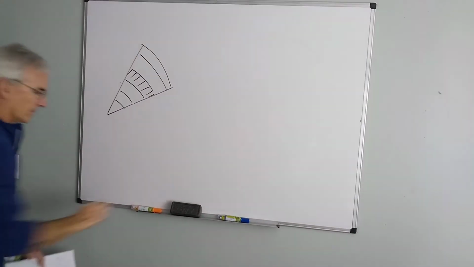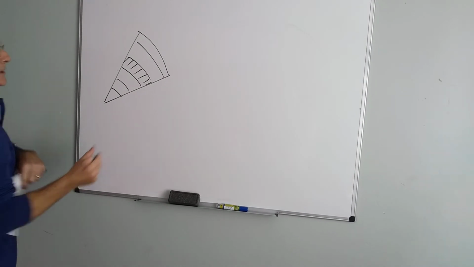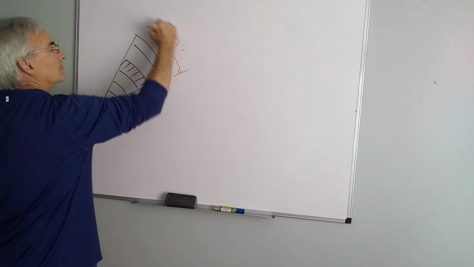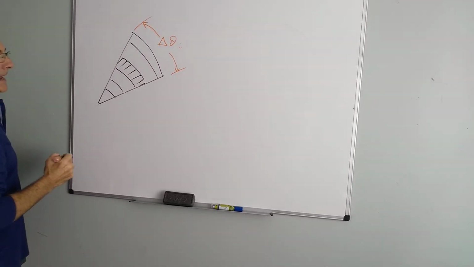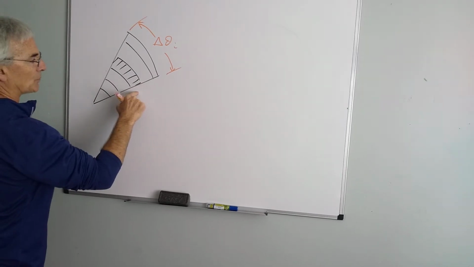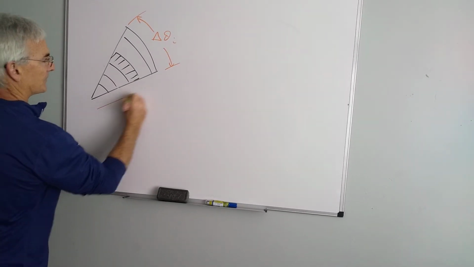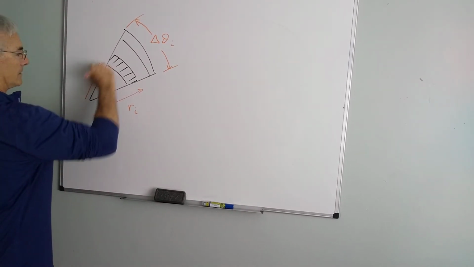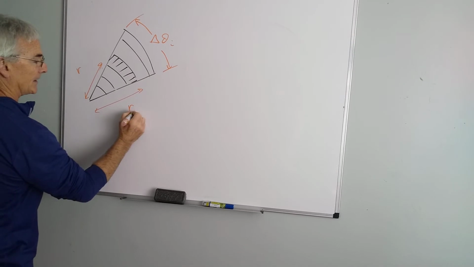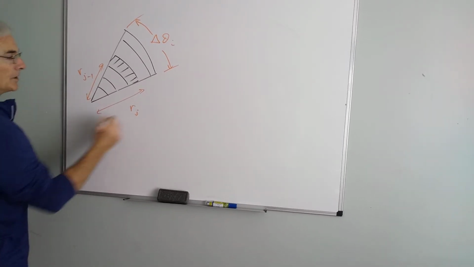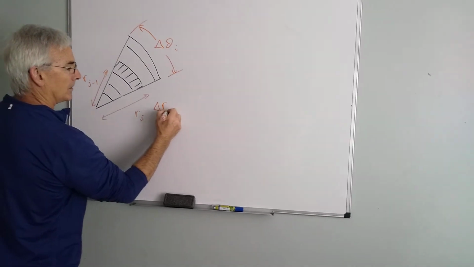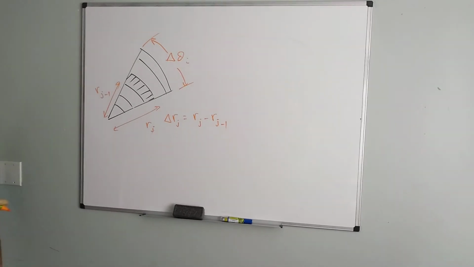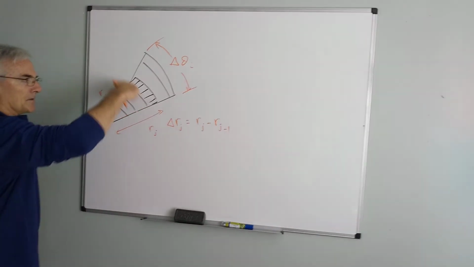Well, if the change in angle we call delta theta i, because this was the ith piece, and then we'll say that this piece right here we'll call the difference between Rj and Rj minus 1, then we would have delta Rj. And so what I'd like to do is figure out what is the area of that piece right there.